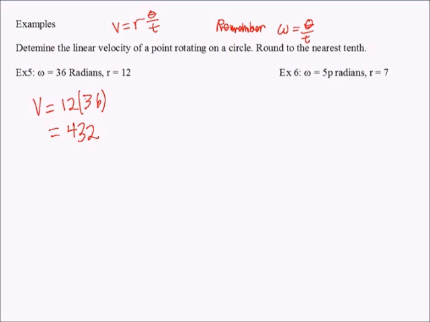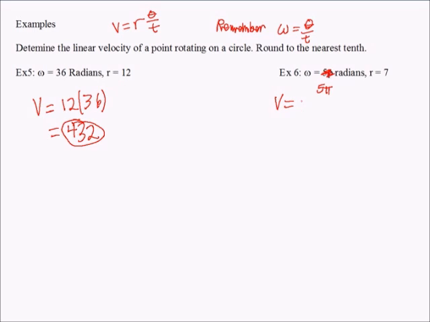It would be, I think, feet over inches, something like that. I'm not worried about my units. Okay, not for now. Example 6, v is equal to, and wow, this is not supposed to be 5p, it's 5 pi. Must be a font change.